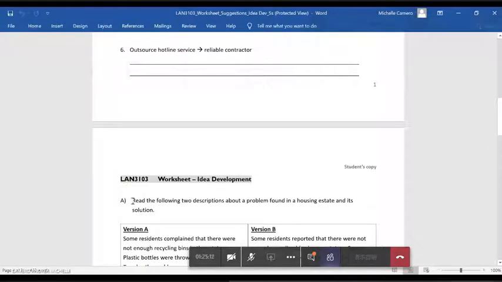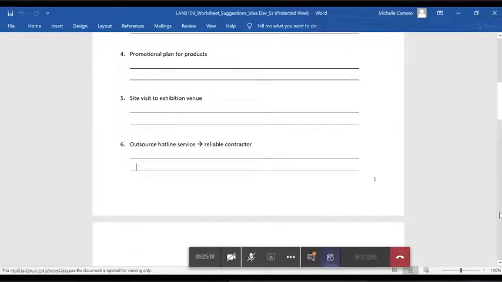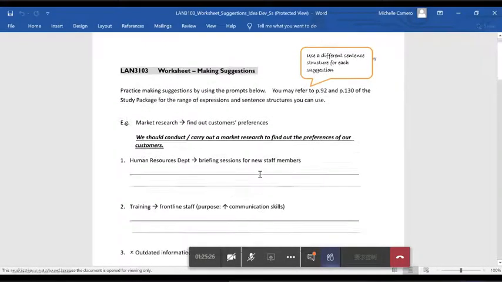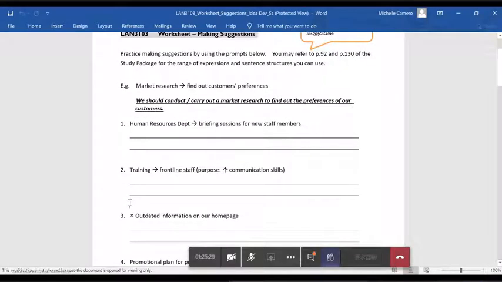All right, let's do this. It's not going to let me. Let's see if I can move this. No, it won't let me. It's not letting me make any changes for some reason.